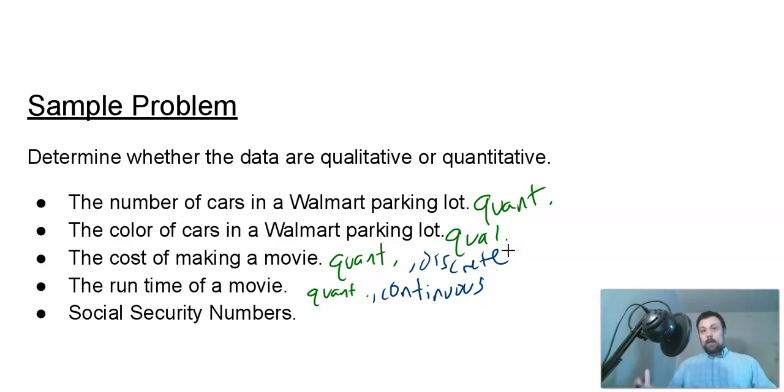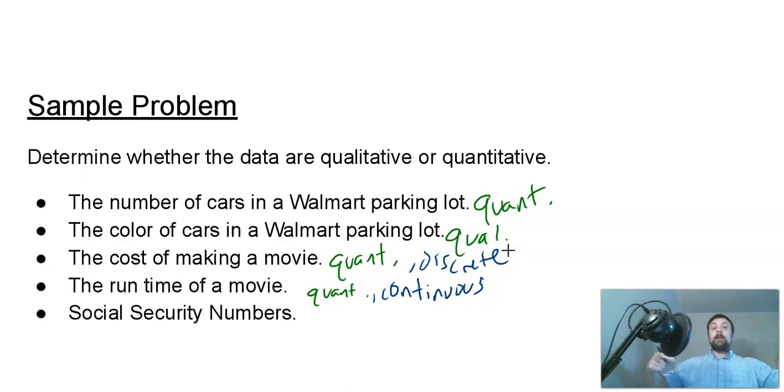And when you have a discussion about it, students will say, well, when you look at the runtime of a movie on Netflix, it'll say this movie is 1 hour and 38 minutes, and this movie is 1 hour and 52 minutes. That appears to be discrete because it's either 1 hour and 52 minutes or 1 hour and 53 minutes, and it's never in between. And that's how Netflix presents the data.